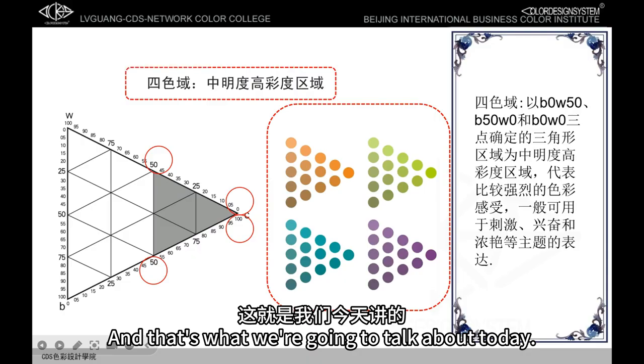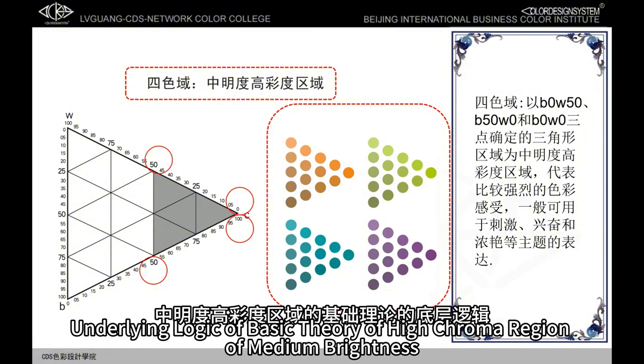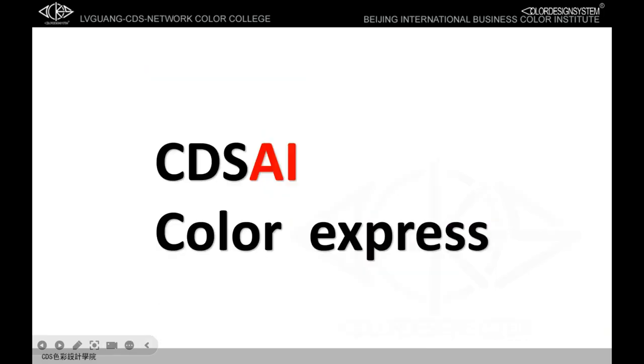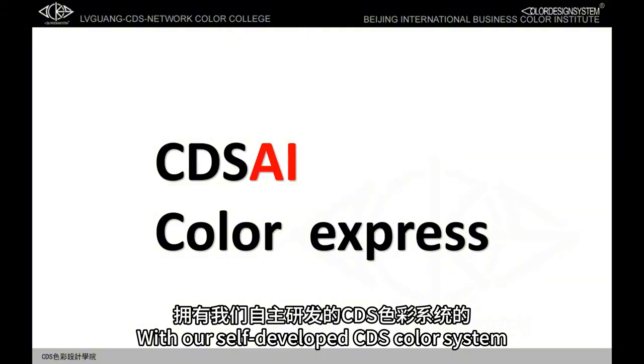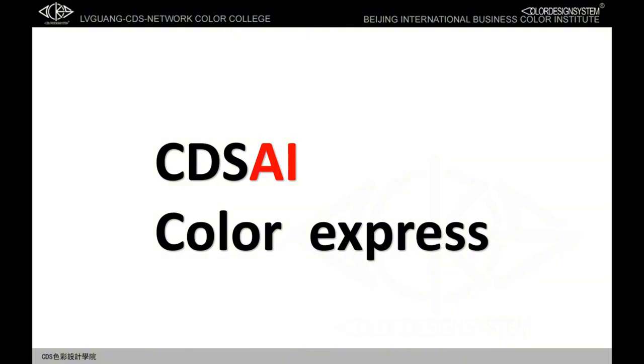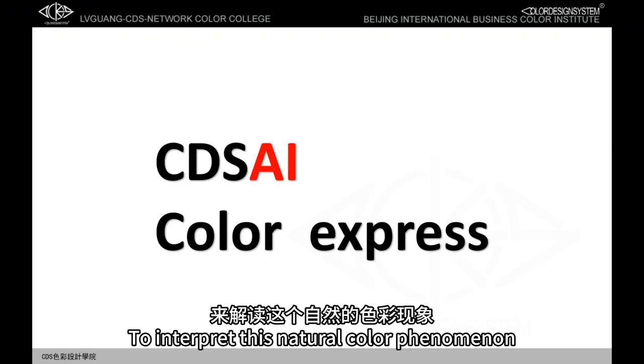And that's what we're going to talk about today, in Area 4 of color: the underlying logic of the basic theory of the high chroma region of medium brightness. Again, we follow the law of the past. This is also in YouTube, the only one with our self-developed CDS color system, AI software system Color Express Color Scheme Express, to interpret this natural color phenomenon.